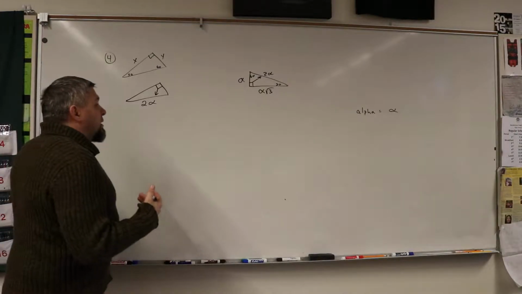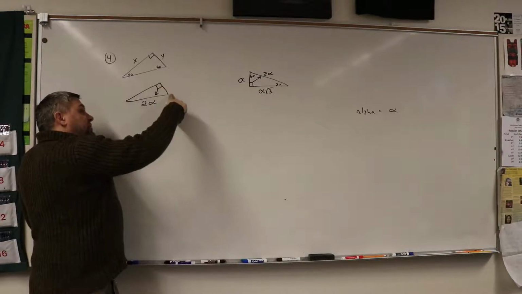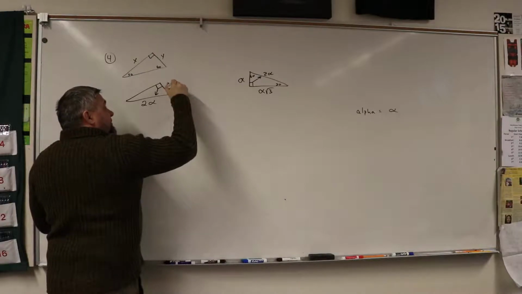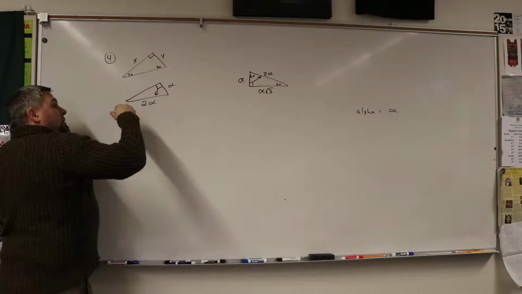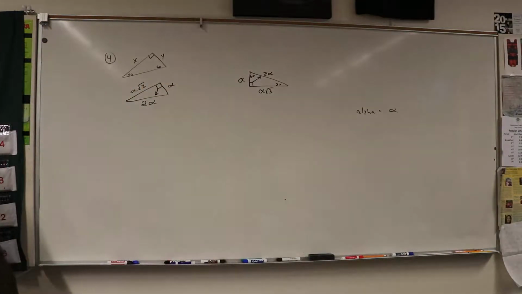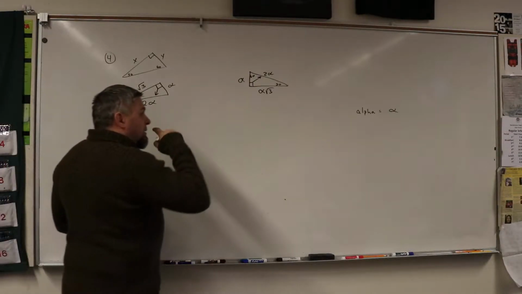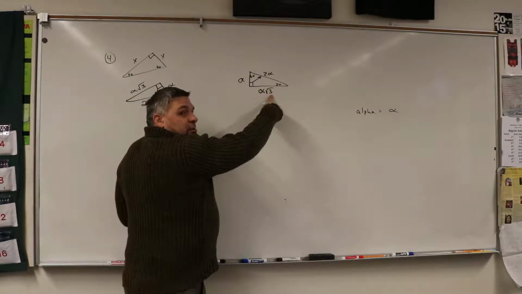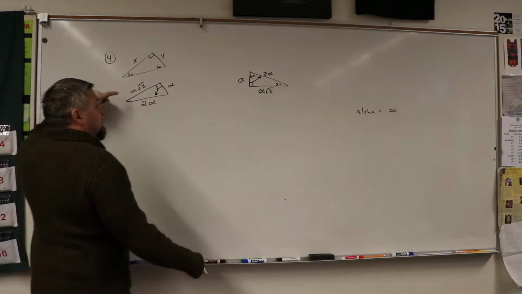So what's here? What's the short side? Just alpha. And what's the long side? Alpha square root 3. It's the same, but just with a different letter. So instead of the X, it's alpha.